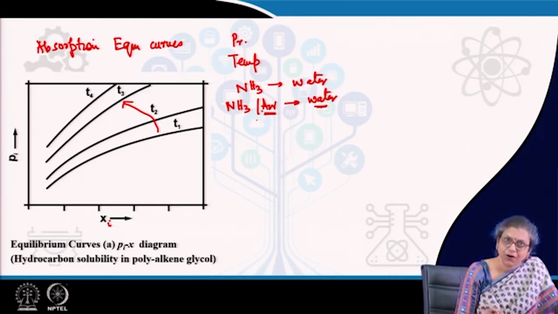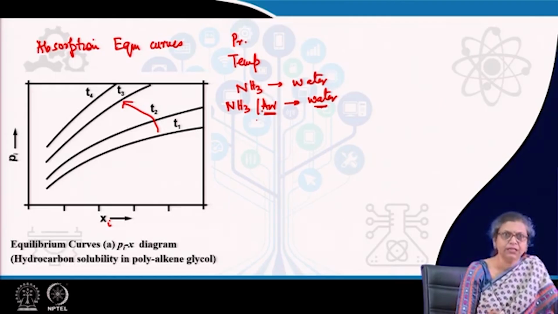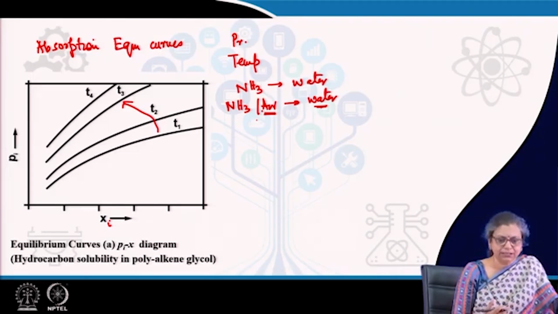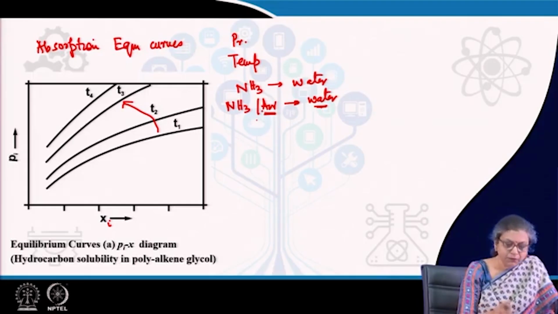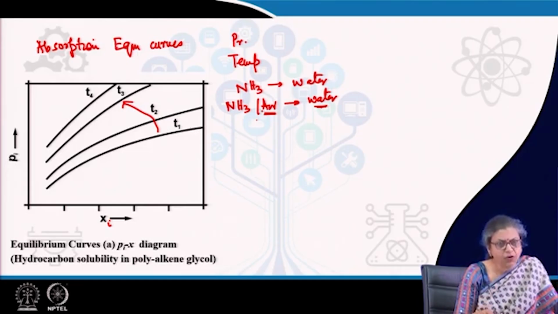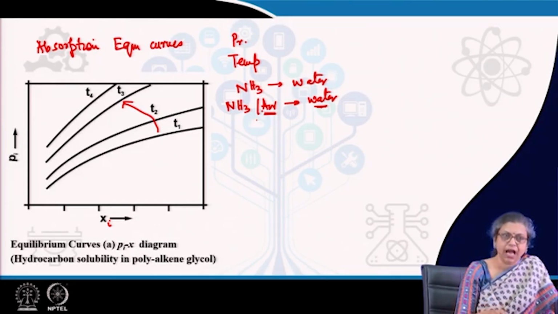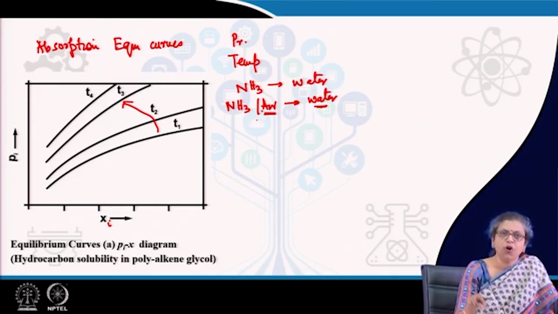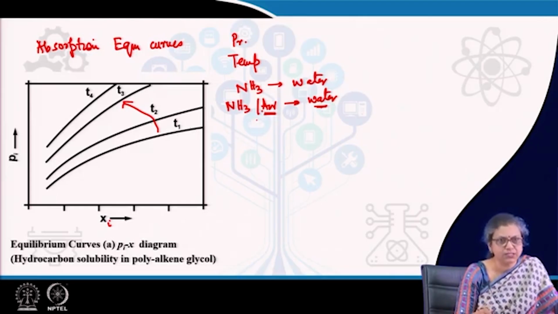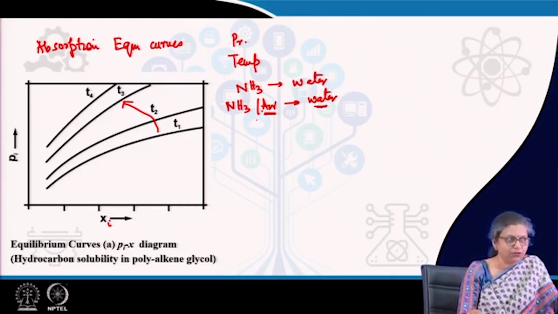If they do not form ideal solution with the solvent, then definitely the Henry's law constant changes, and under that condition we cannot use this Pi versus Xi curve. But we can use this Pi versus Xi curve for any component i if the other components along with i either form ideal solutions with the solvent or are almost insoluble in that particular solvent.